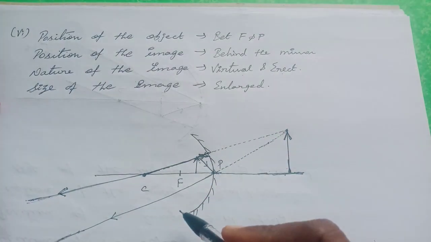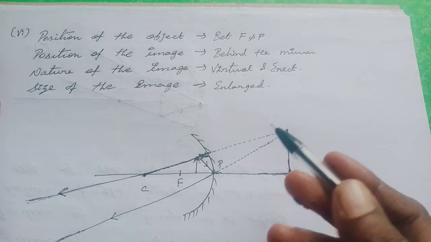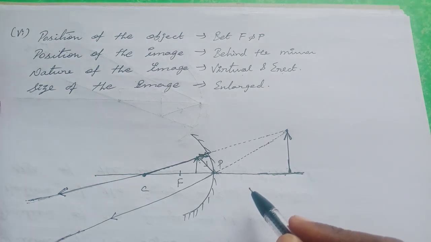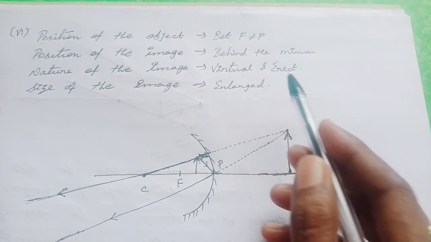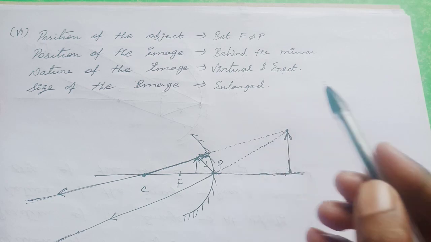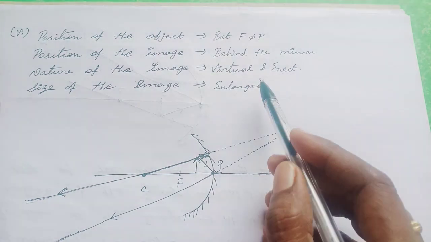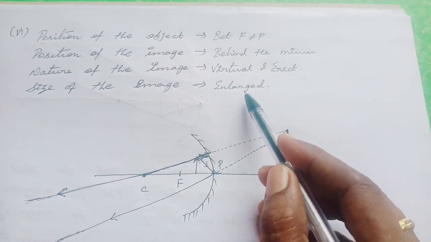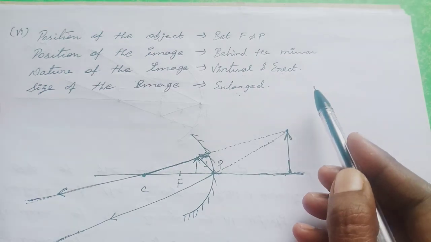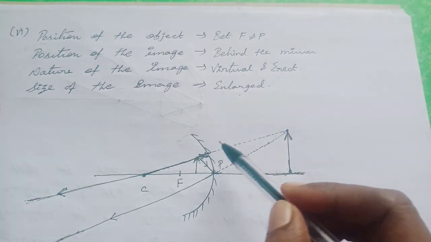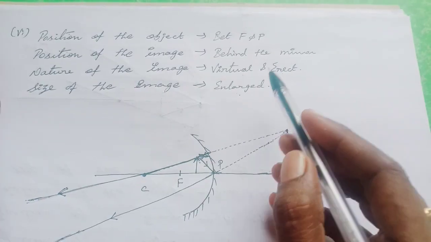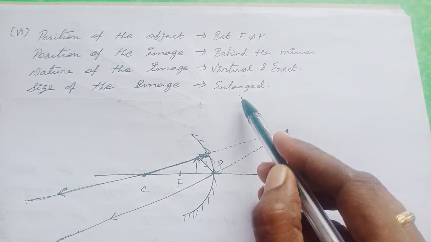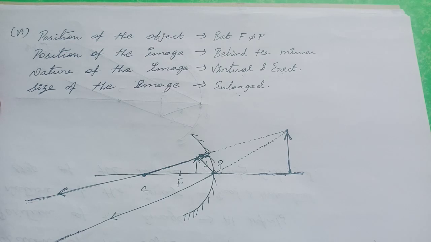You may get a question from this portion, that is, name the mirror which forms virtual, erect and enlarged image. What will be the answer? Concave mirror. So the concave mirror is the mirror which forms virtual, erect and also enlarged image.